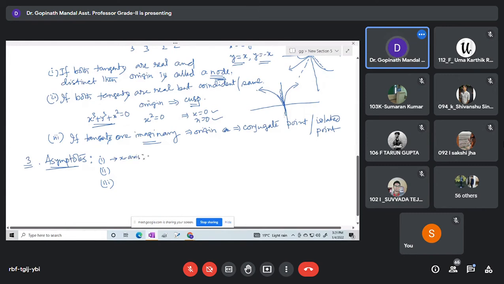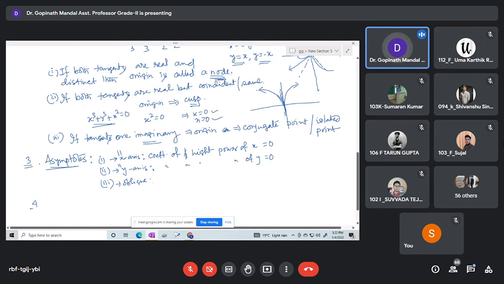The coefficient of the highest power of x will be equal to 0 to find the asymptote parallel to x-axis, and second, parallel to y-axis, same process, the coefficient of the highest power of y equal to 0 to find the asymptote parallel to y-axis, and the third one is the oblique asymptote. You know the rules for oblique asymptotes.